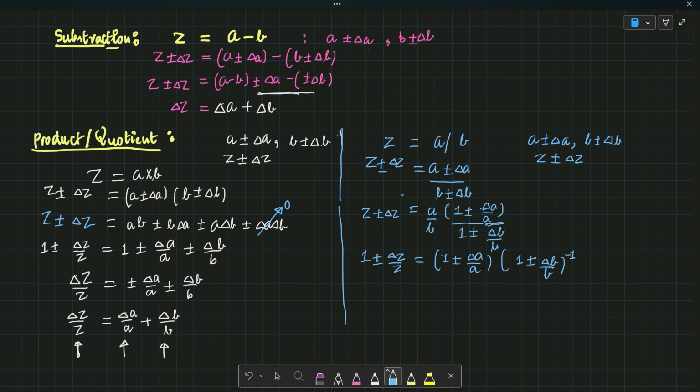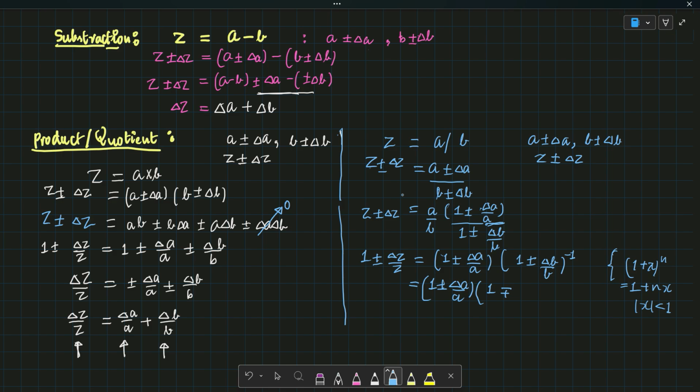And since delta B by B is a very small quantity, what we'll do is write it like this: (1 plus minus delta A by A) into (1 minus plus delta B by B). This is essentially what we are doing: we are taking a binomial expansion of (1 plus x) to the power n, and that becomes 1 plus nx when x is very small compared to 1.